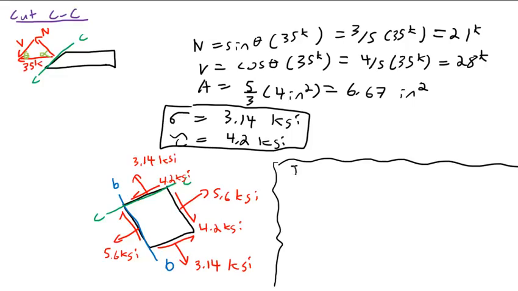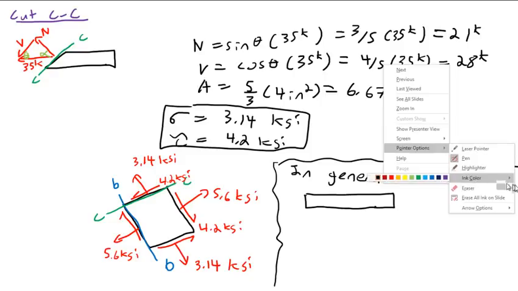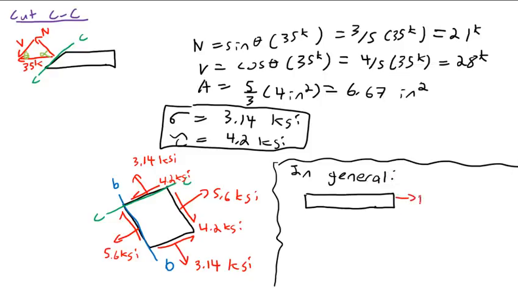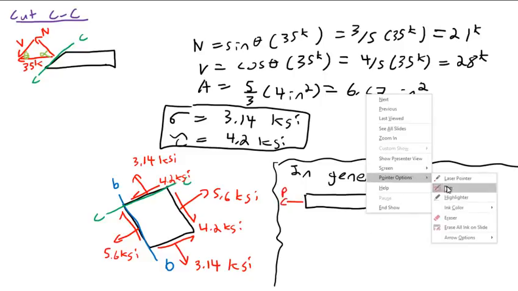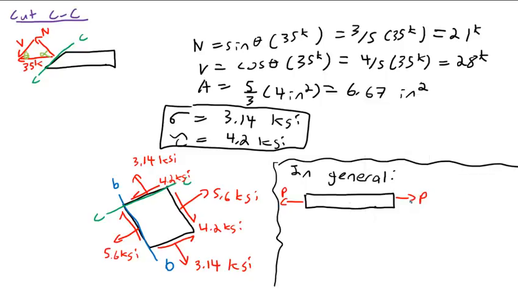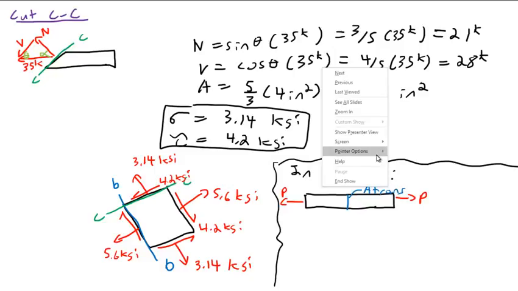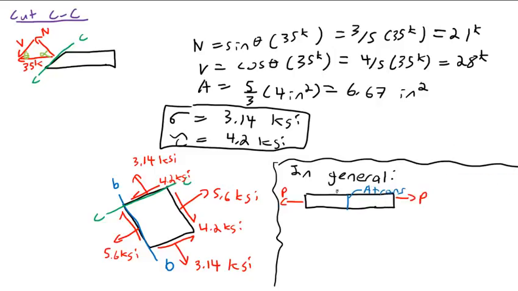In general, the general formula for this: if I have a P and a P, and I have a cross-sectional area, A transverse, so A trans, and let me say there's the axis of the member here.